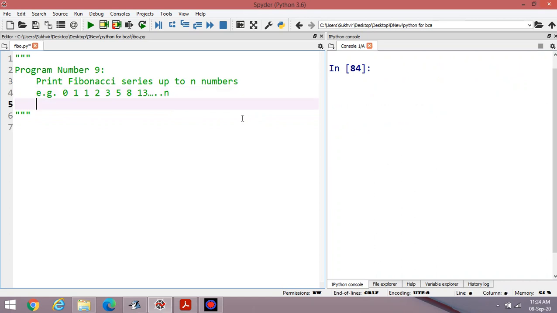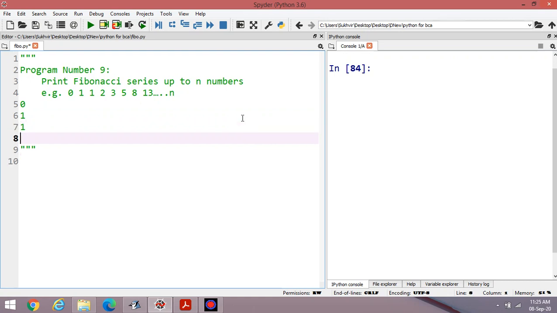Before I proceed with the programming content, we should know the meaning of Fibonacci series. Look at the numbers. First number is 0, second number is 1, third number is 1, and fourth number, if I am writing here: first number, then second number, then third number.